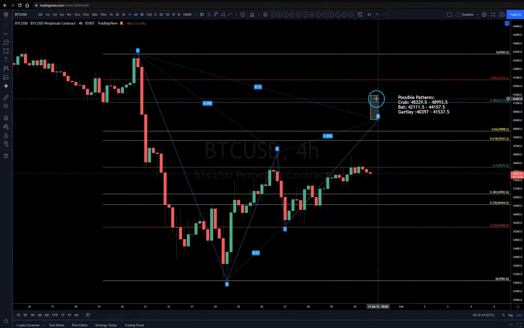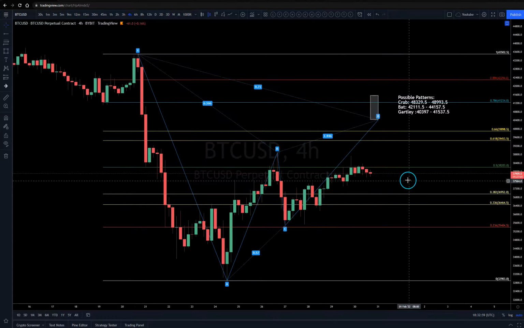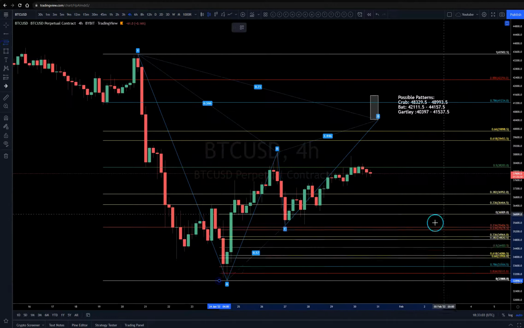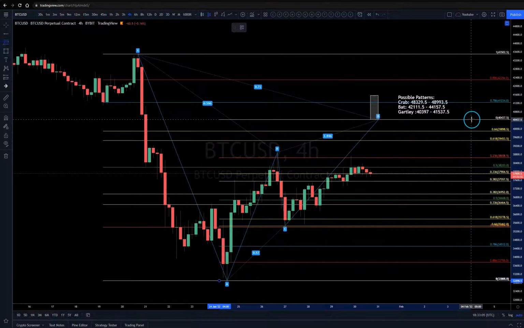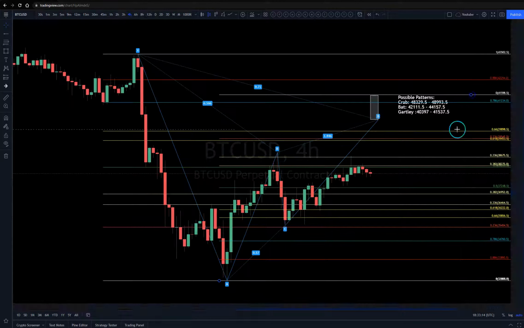And once this does complete, there's the potential for the price to then come back down again. I would naturally target, if I'm looking at the lower side, down to the 618 ideally, or even the 382 on the higher side, a similar sort of level.